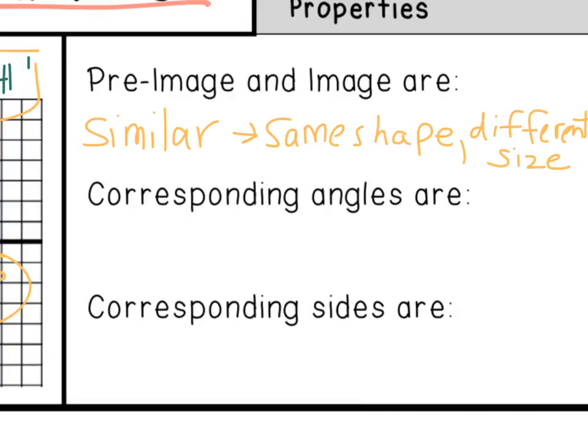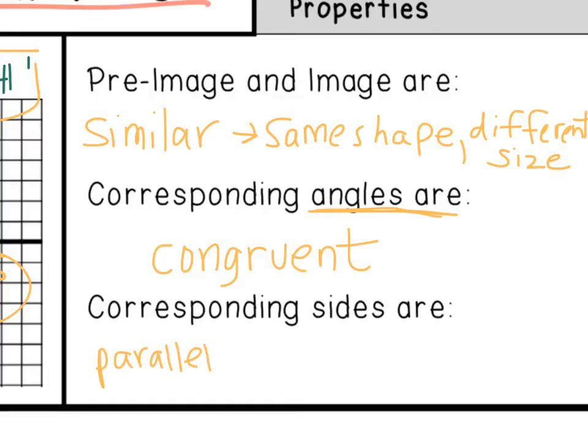Now, the corresponding angles, like in that rectangle, they were all 90 degrees. The angles still use the word congruent. The angles are still the same or congruent. But the side lengths are not congruent, but they are parallel and they are proportional. They are proportional in length.